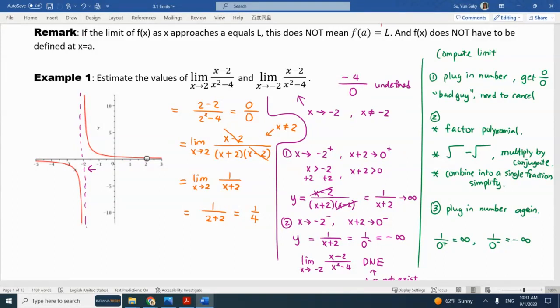Do you still have this in your first page? Yeah, so see, we have 3 types of problems. Binomial, you factor it. Difference of square roots, you multiply by conjugate. Now, if you see fractions in the numerator or denominator, you combine them into a single fraction and simplify. Okay, everybody? So these are the steps.